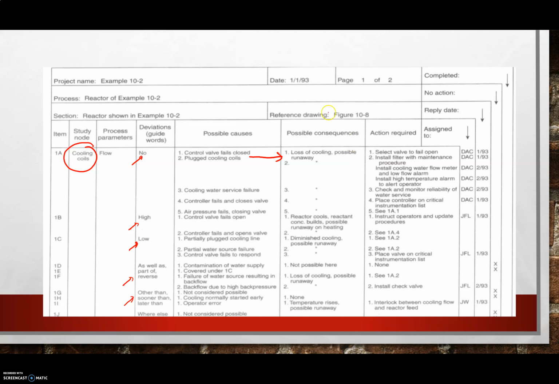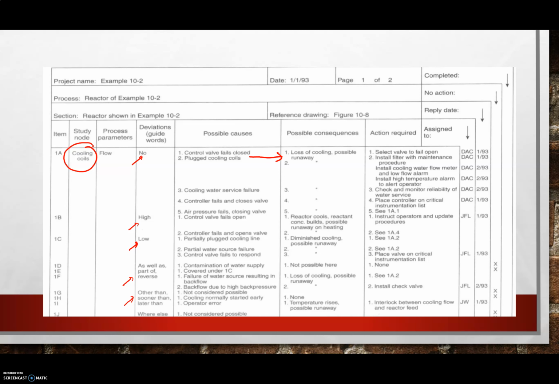The consequences refer back to your possible causes. When your control valve closes, what will happen? You will lose cooling and have possible runaway. The same goes for when your cooling coil is plugged. The possible consequences are also loss of cooling and possible runaway.